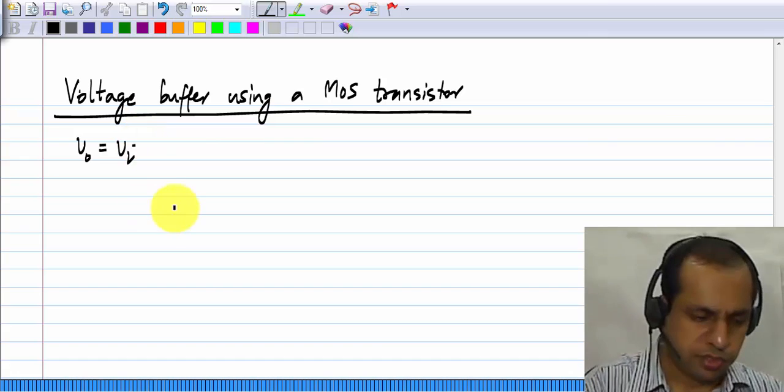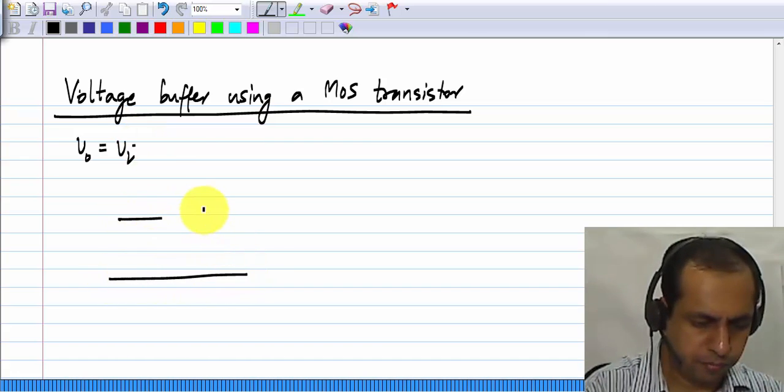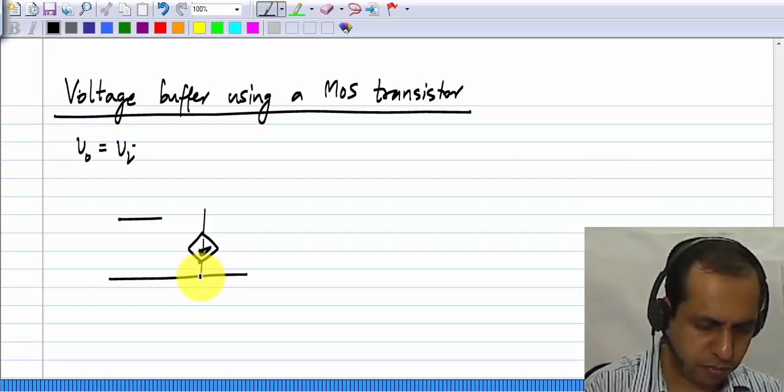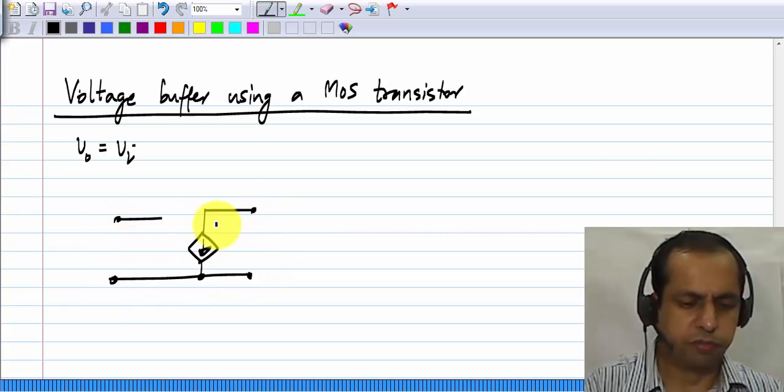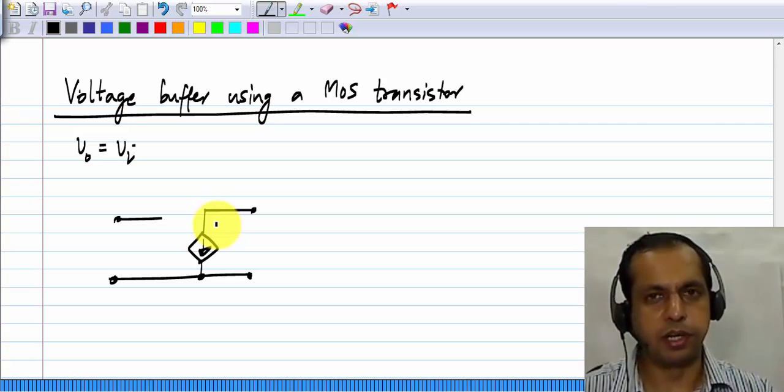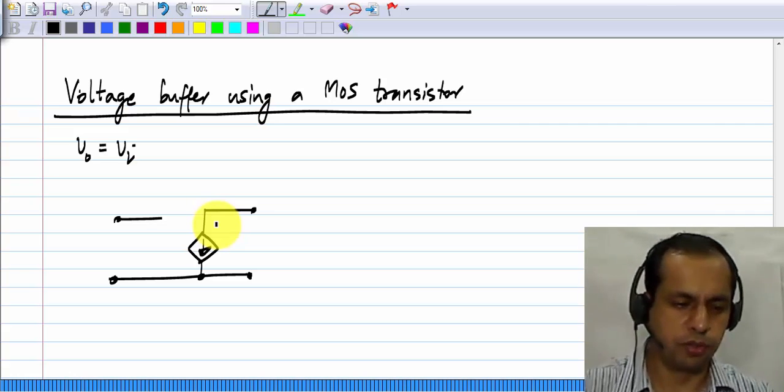Now a MOS transistor looks like this, and what we are thinking of is to use just a single MOS transistor to realize this voltage buffer or a voltage controlled voltage source.